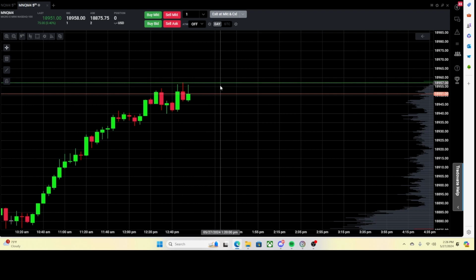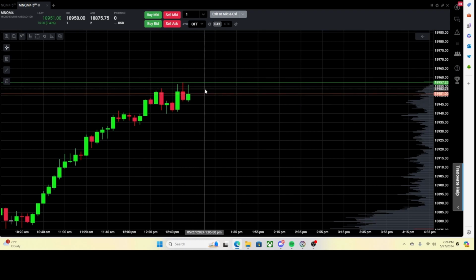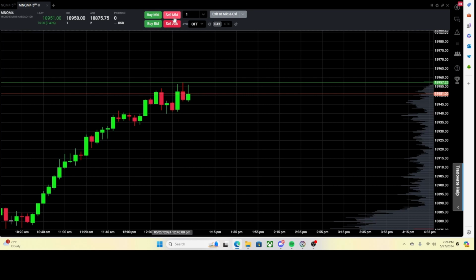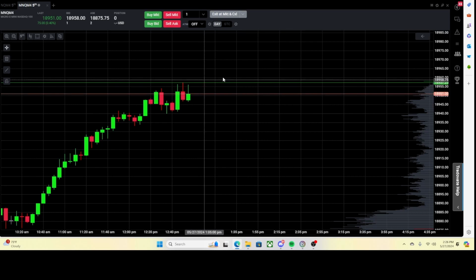So buying bid, you get a better fill, but buying market is when you want to get in instantly. And it would be the opposite for selling. Sell ask would be one tick above the current price, and sell market would be the current price. So depending on what situation you're in, you could use either one. It depends.